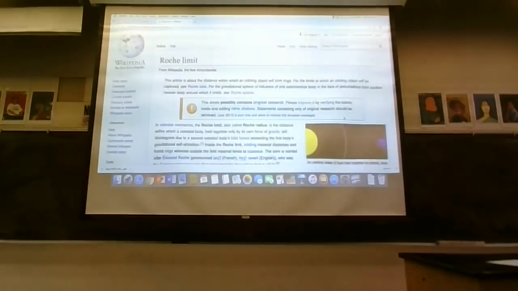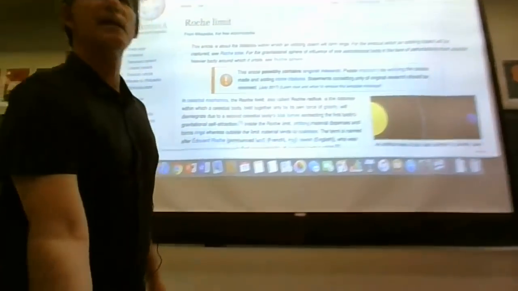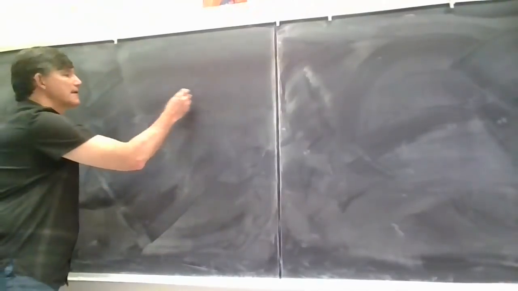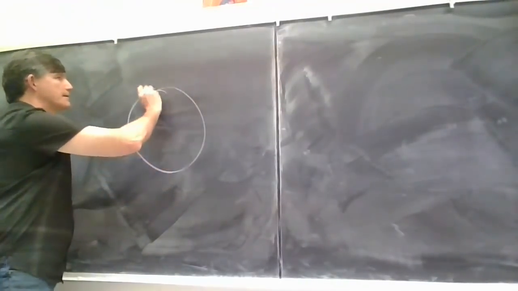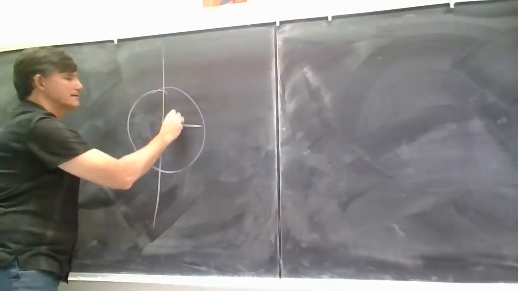Okay, so I guess I'm going to draw a picture. If you take a planet like Saturn and you ask, where is this Roche limit? The number can be estimated to be about 2.4 times the radius of the planet. So if I have a planet like Saturn, the main body of Saturn, and I draw a line through the center, this distance is the radius of Saturn, right?